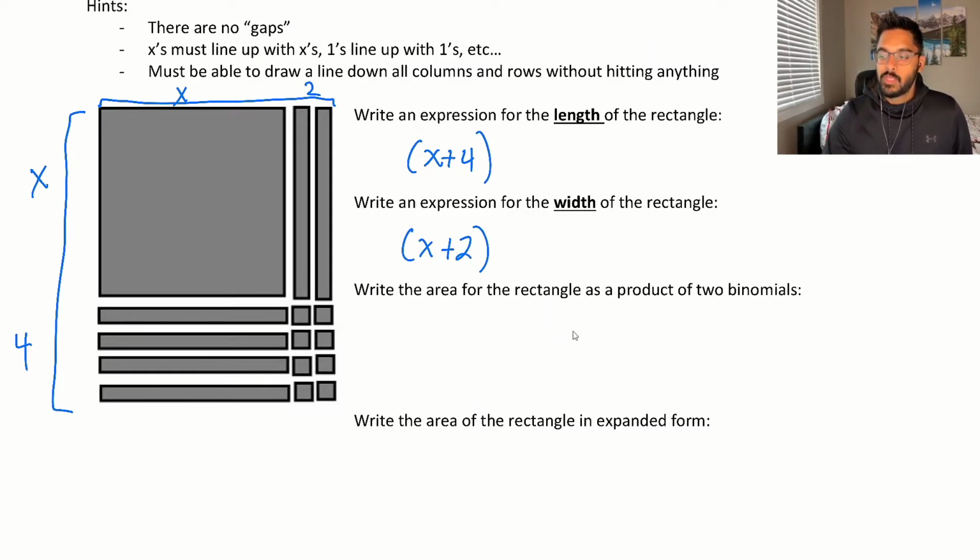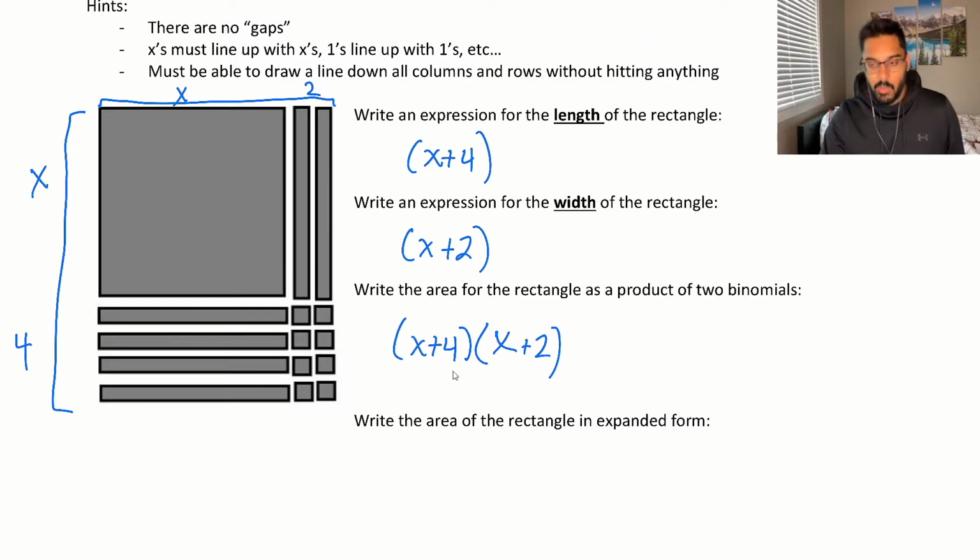Okay, we can then write out the area for this rectangle as the product of two binomials. Now for those of you who are thinking this looks very, very familiar, that's because all we just did was essentially multiply those binomials in reverse. What we talked about in our last lesson, we called that factoring. As long as we can write the product of two items, their result is actually the expanded polynomial form.